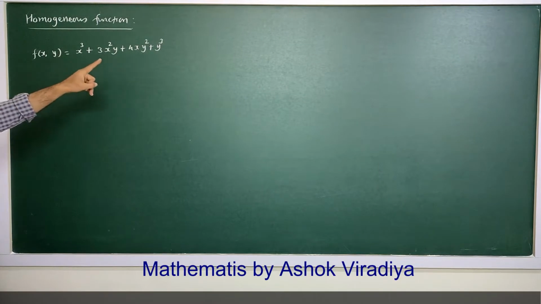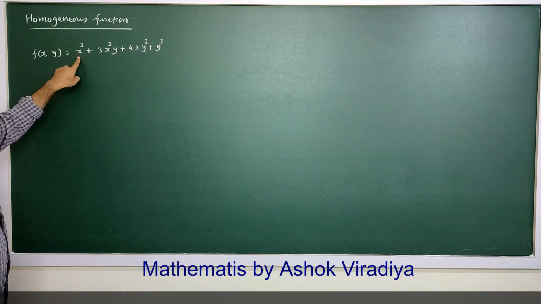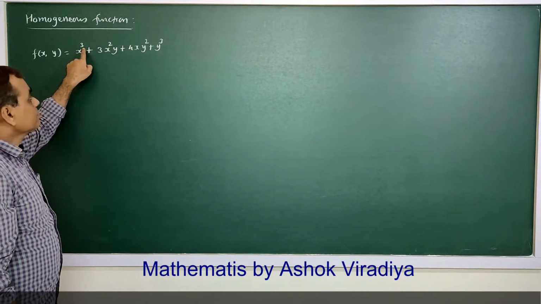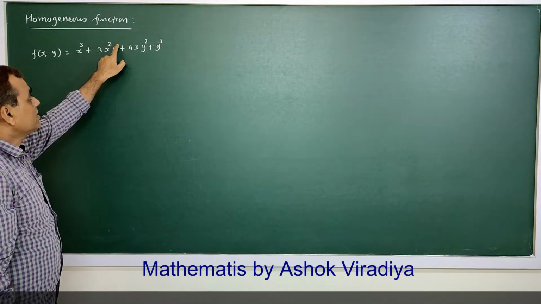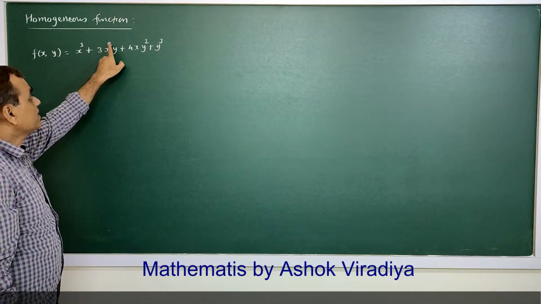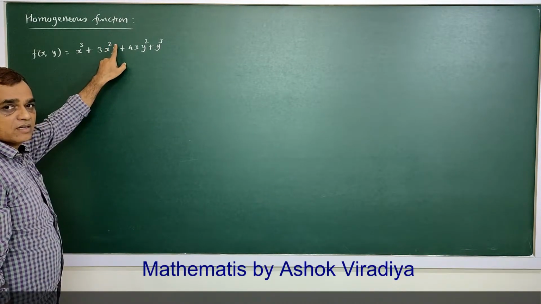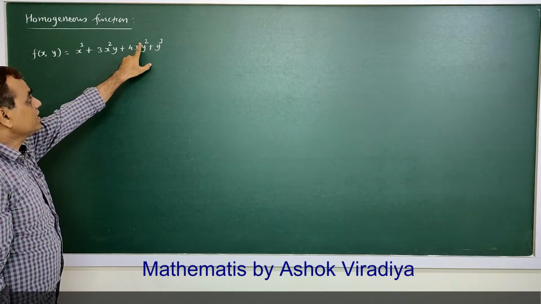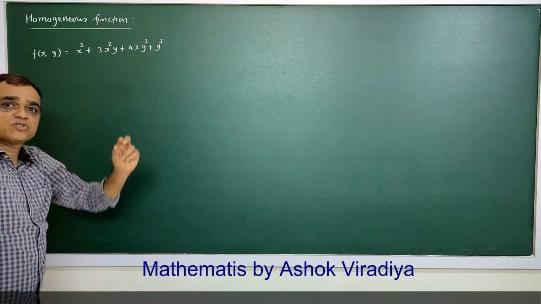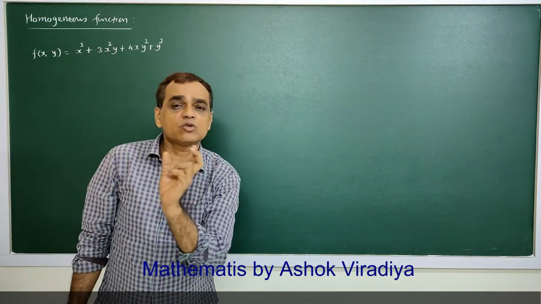Observe every term. Here x has power 3. Here x has power 2, here power is 1, so total is 2 plus 1, 3. Count total power here, 1 plus 2, 3. So every term has total power 3.